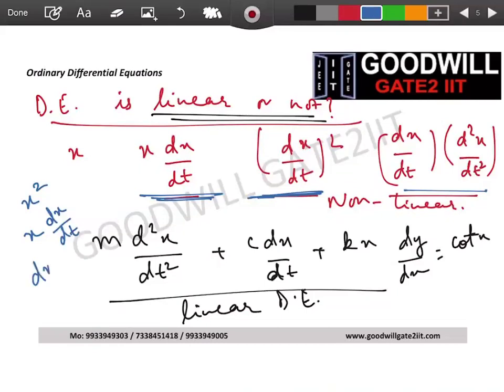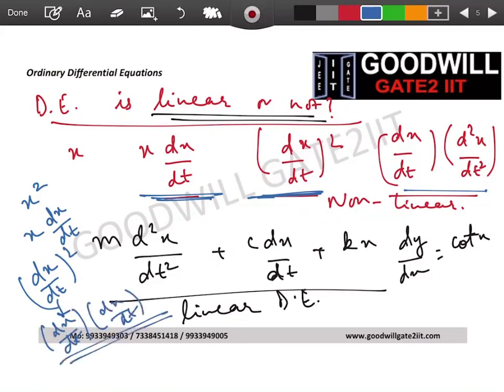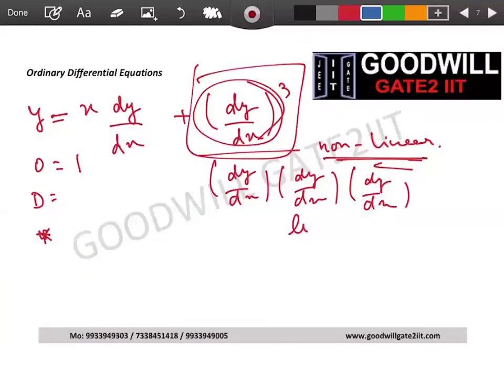If you have a term like dx by dt whole square, it is also non-linear, because you have dx by dt multiplied twice. So if your dependent variable and its derivative are in multiplication in any one term of the differential equation, then it is non-linear.